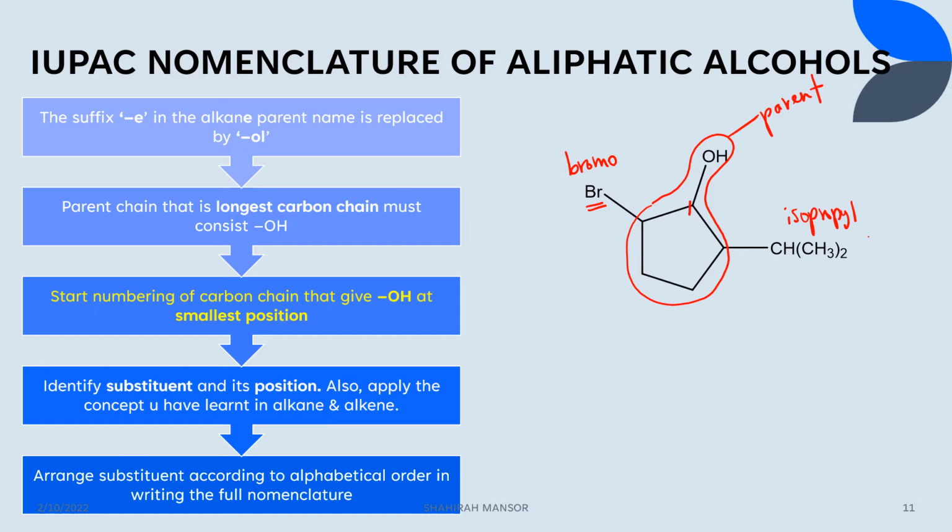So antara B dengan I, B will come first. Okay, so maksudnya carbon ini akan menjadi carbon number 2. Okay, 3, 4, 5. So now kita ada bromo on second position, isopropyl on fifth position. So the name of the molecule akan menjadi 2-bromo 5-isopropyl cyclopentanol.